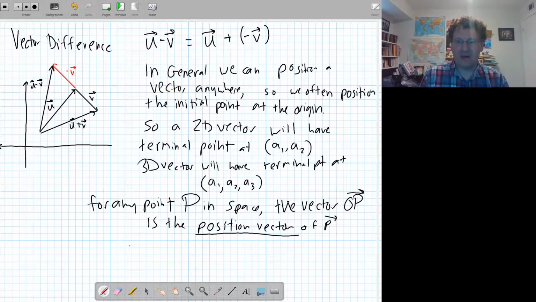So we have a way of talking about components of a vector. Now we're going to get into some more nitty-gritty stuff.